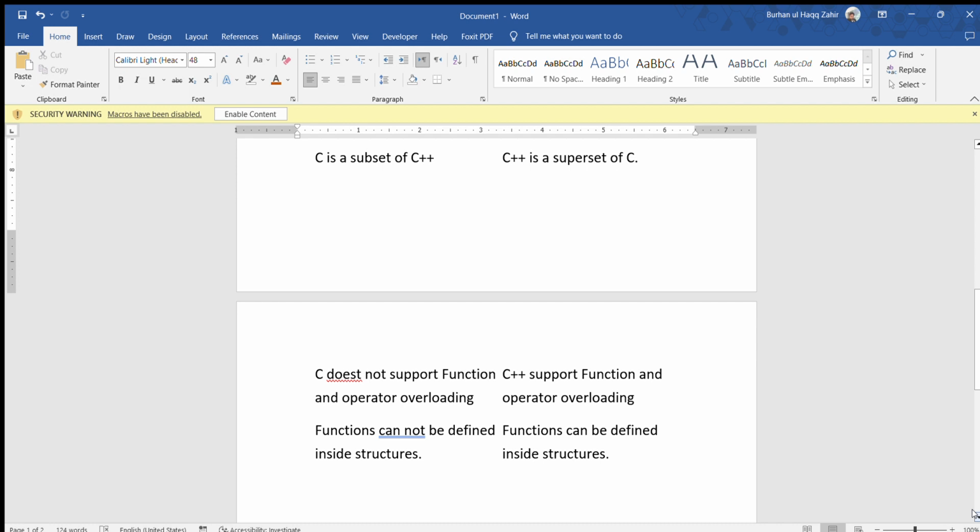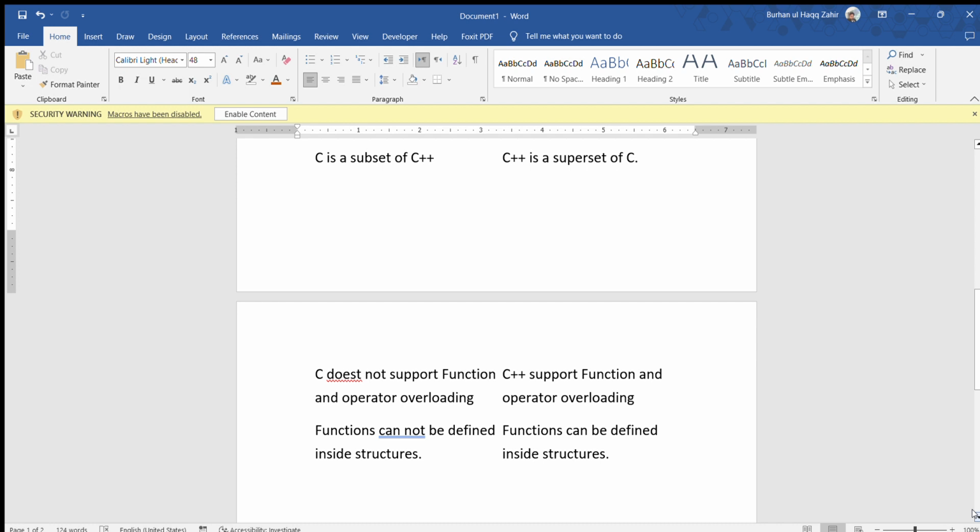So C also had some deficiencies, and to remove those deficiencies, C++ was introduced. Simply put, what C was missing, C++ has.